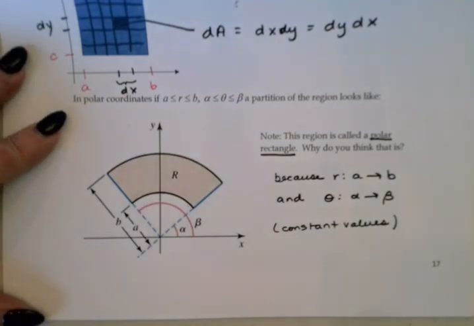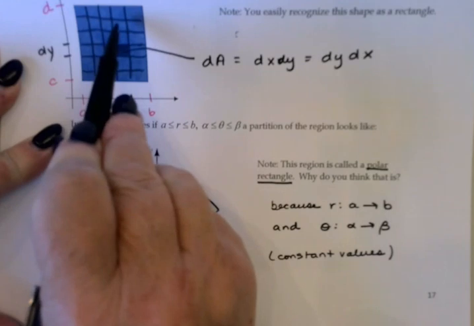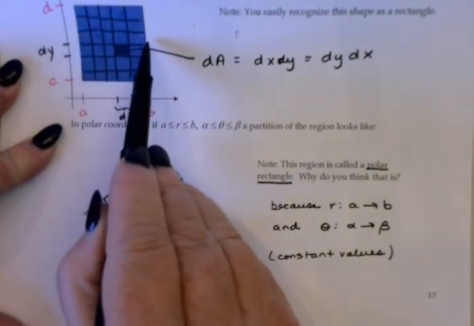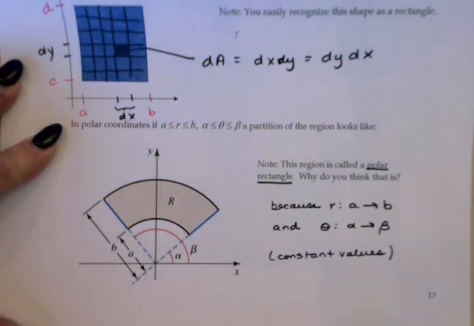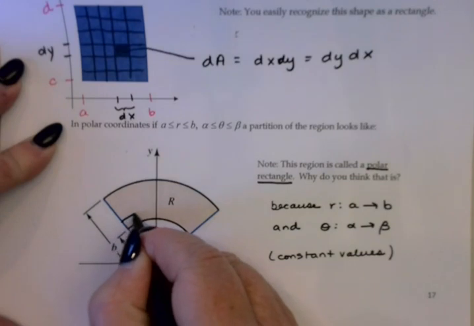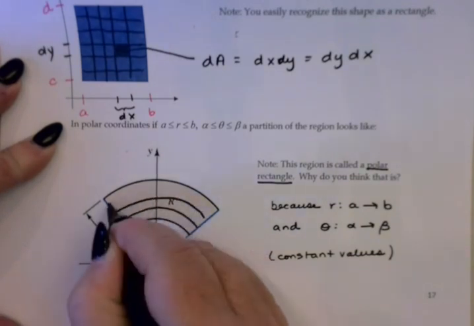All right, what would a partition look like? Well, you remember that when we did the partition up here, we drew our lines parallel to the x-axis and then parallel to the y-axis because our variables were x and y. If I do something similar here, I'm going to start by drawing parallel to the radius lines. The radii are these curved arcs.